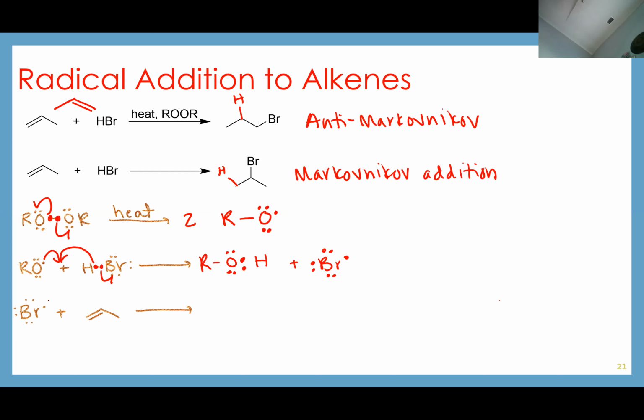So that's how the bromine ends up creating a bond to the primary carbon so that the radical ends up on the secondary. Sorry, I spazzed out a little bit there, but we're okay. There's our radical that we just formed.